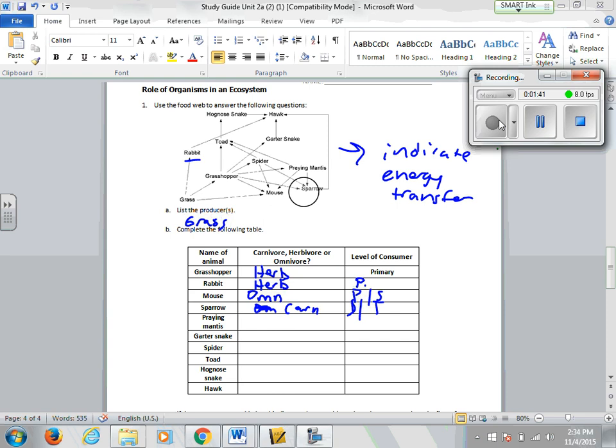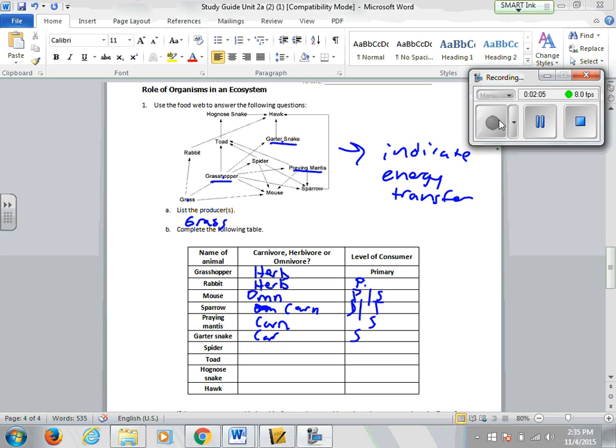Okay, I'm going to erase this a little bit. There we go. Praying mantis, again, eats the grasshopper, so that's a carnivore, and that's secondary. The garter snake right up here, that's going to be a carnivore, and all right, primary consumer, secondary consumer.